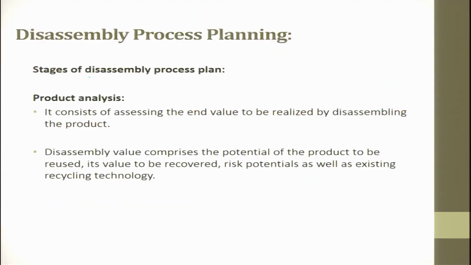The stages of the dismantling process plan: the product analysis. It consists of assessing the end value to be realized by dismantling the product. Disassembly value comprises the potential of a product to be reused, its value to be recovered, risk potential as well as existing recycling technology.